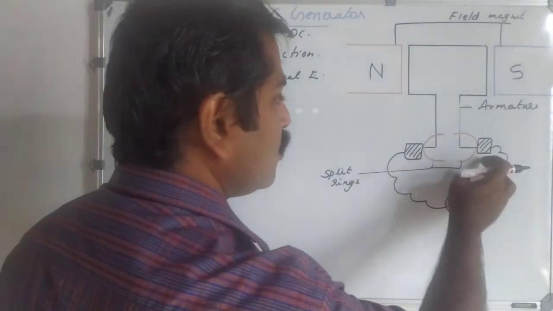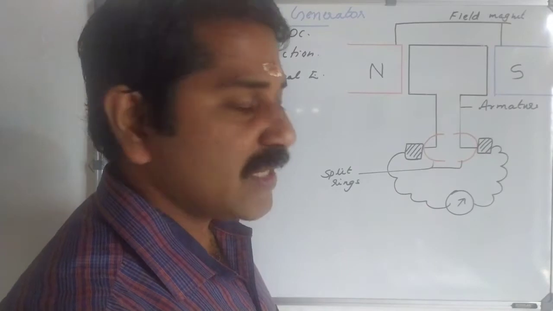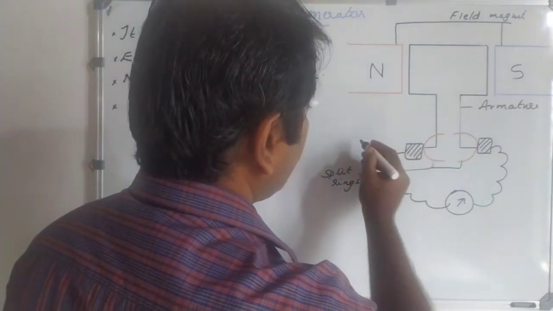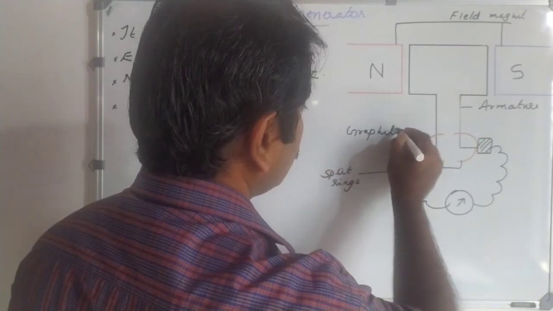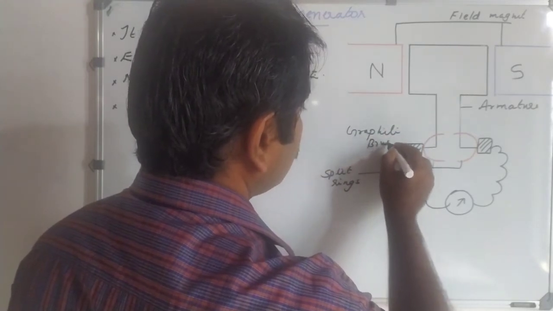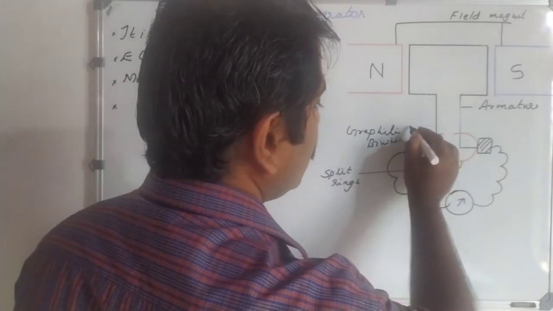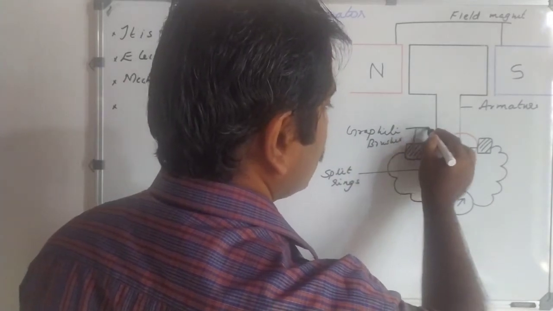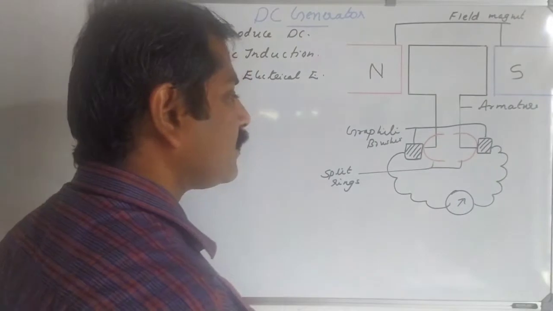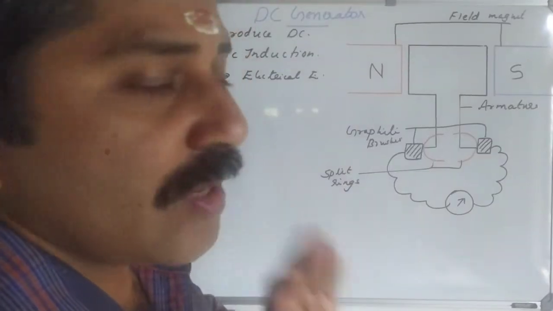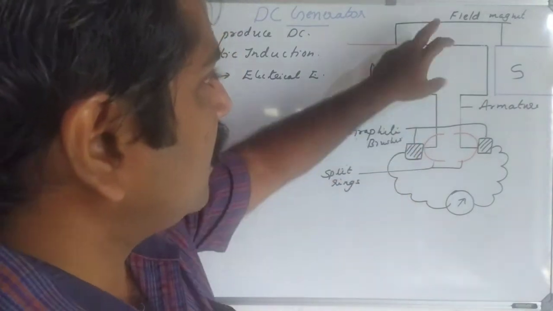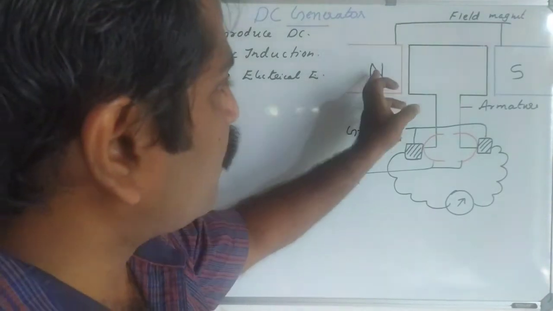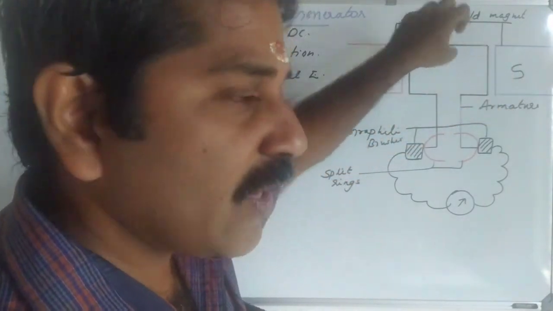And here we have two graphite pieces, which we call graphite brushes. So there are four important components or parts. First, field magnets, which provide the required magnetic flux lines.